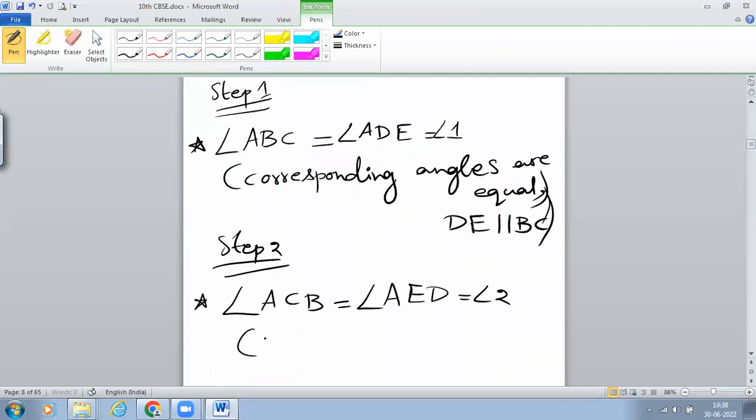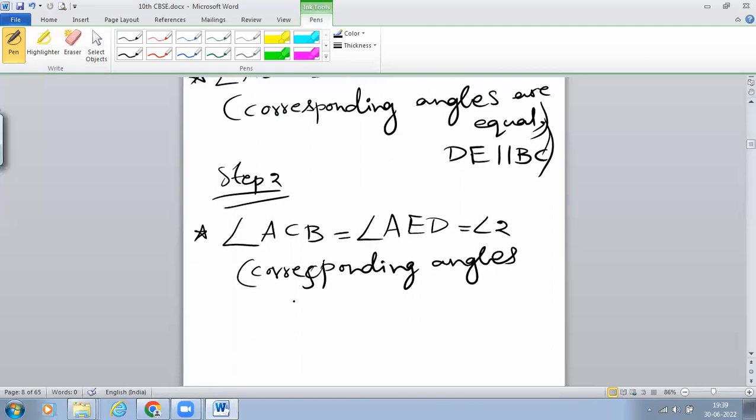Again, here also in bracket you have to mention the property: they are corresponding angles. Corresponding angles are equal when two parallel lines are cut by a transversal. Here, please mention corresponding angles are equal, comma, because DE is parallel to BC. I will explain now. Please write this, then I'll explain. All of you write step 2.